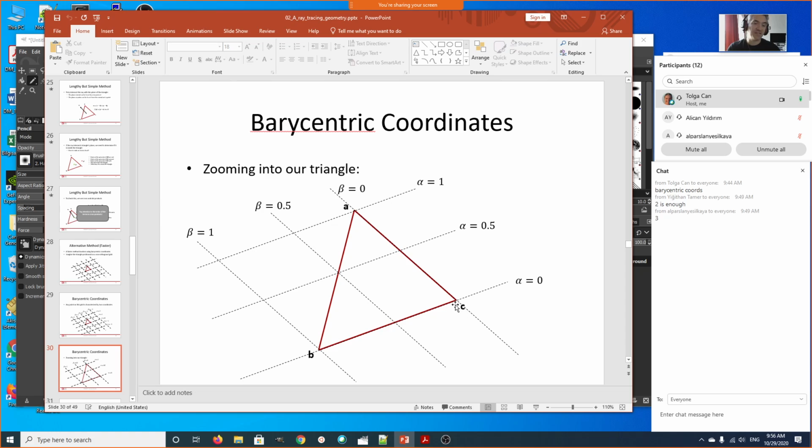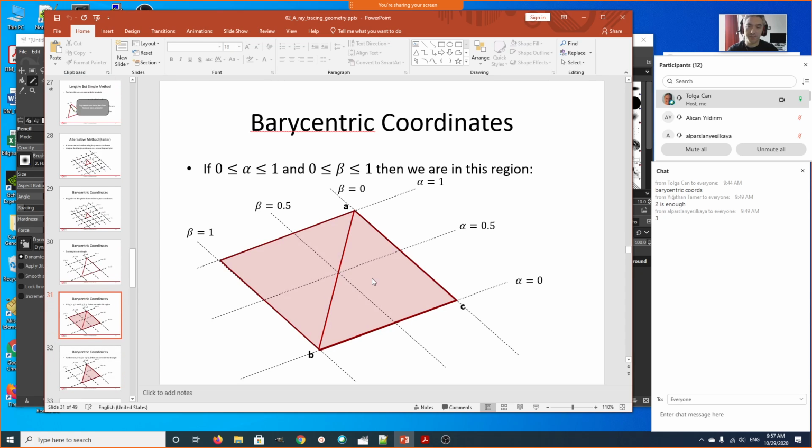When that power is 0, for example if WC is 0, the power struggle is between A and B, so the point will be on this edge, whatever WA and WB are. When WB is 0, our point will be along this other edge. When all of them are non-zero, add up to 1, and are between 0 and 1, our point will be somewhere here depending on those weights.